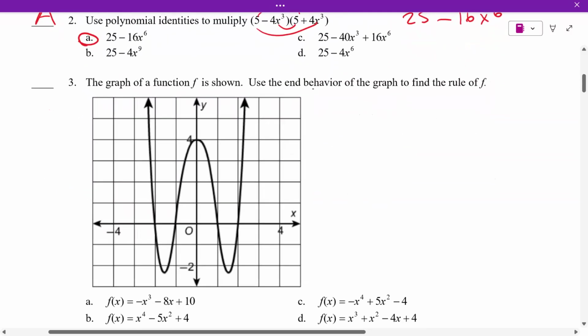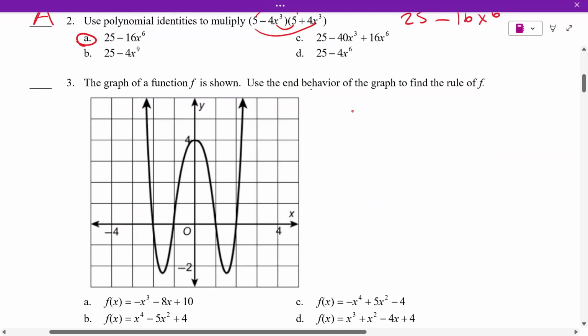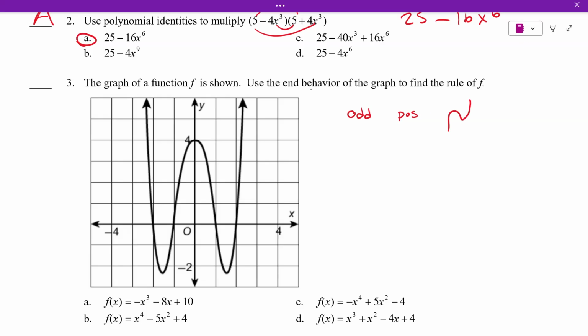Okay, this one. If it is an odd power and the first term coefficient is positive, it'll start down. If it is odd and the first term coefficient is negative, it'll start up.